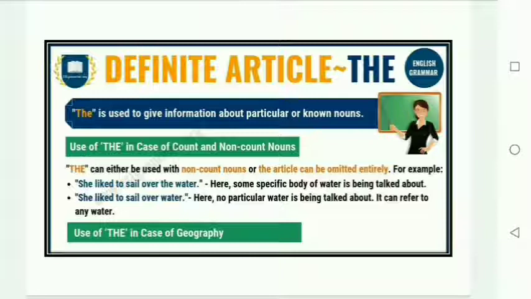And another example you can see, she liked to sail over water, where we are not talking about any particular water body. So that is why we have omitted the in the second example, and we have used the article the in the first example.